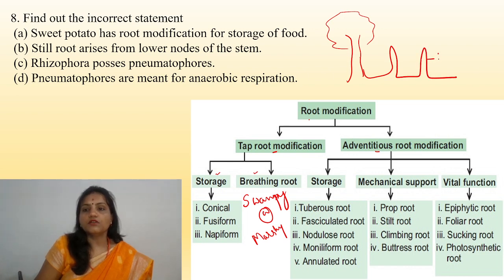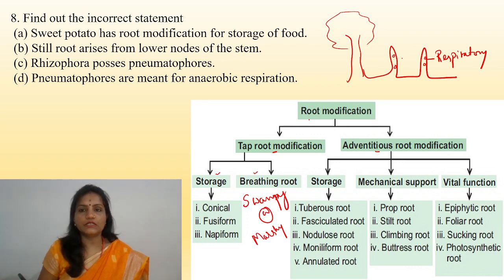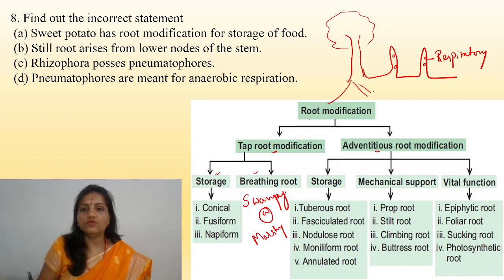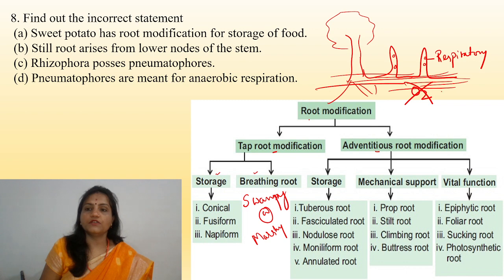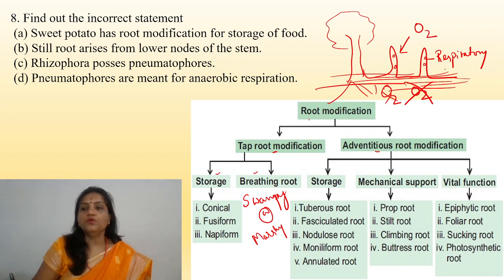These are called respiratory roots. They have small openings on them, which we call pneumatophores. They are meant for respiration because the main roots are covered under soil and deprived of oxygen. Roots do require oxygen for respiration, but here they are deprived of oxygen. Therefore, in order to get oxygen, they have specialized roots which we call pneumatophores.